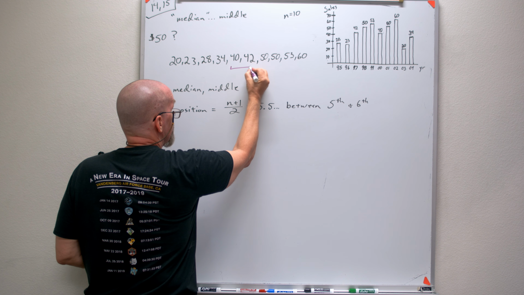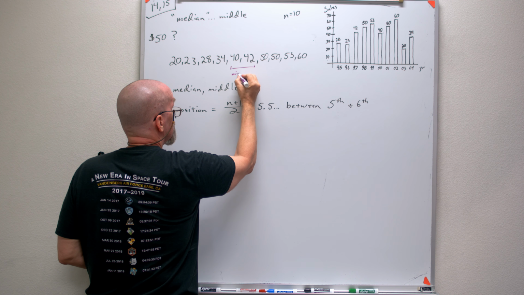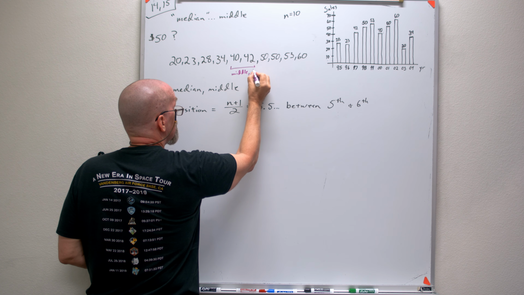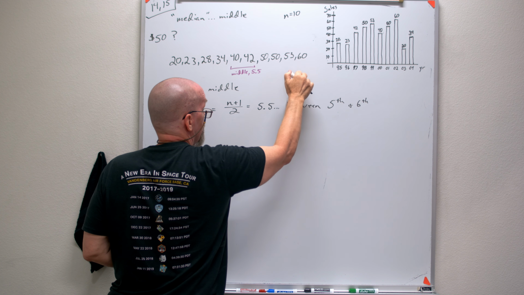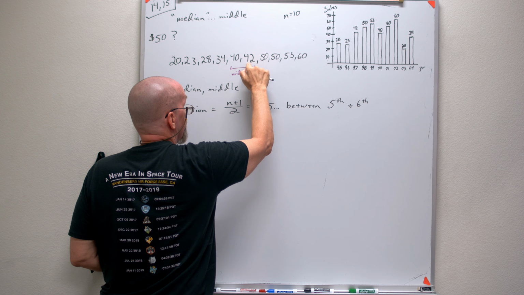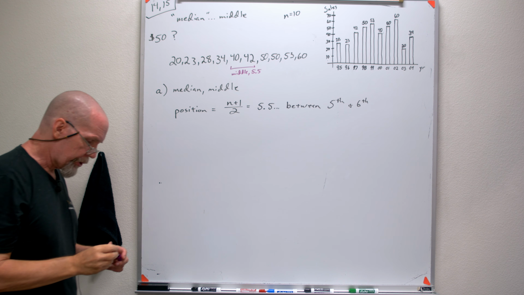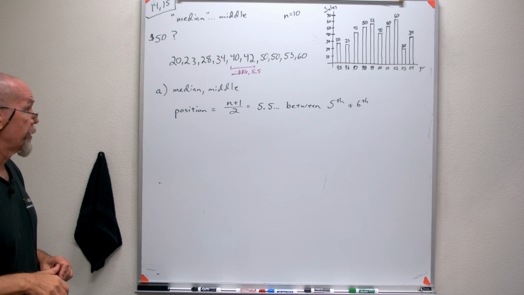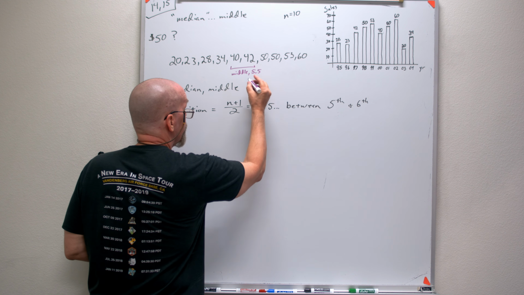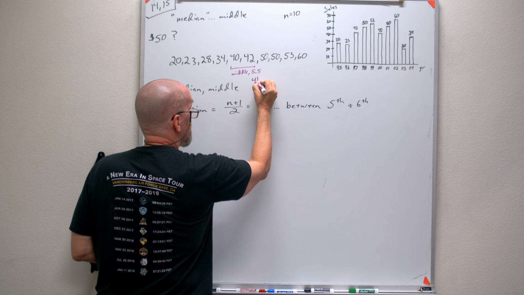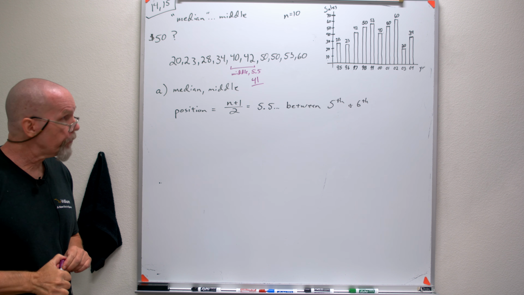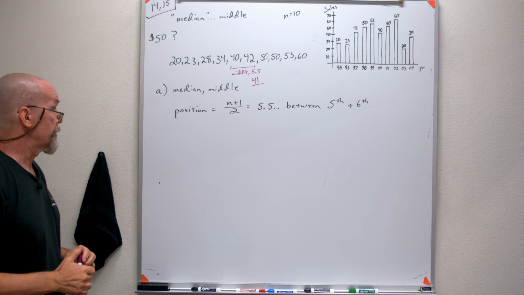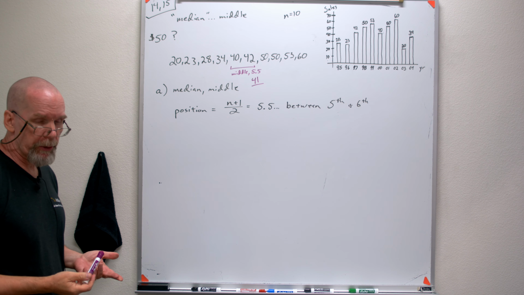And I would have gotten the same thing had I gone this way, largest to smallest, first, second, third, fourth, 5th, 6th. So it would have been at the same two values and it would have gone right in the middle of those. We're going to get 41 when we do that. So our median is going to be 41. It's not 50. Is it close? I mean, it's close-ish. It might be close enough.